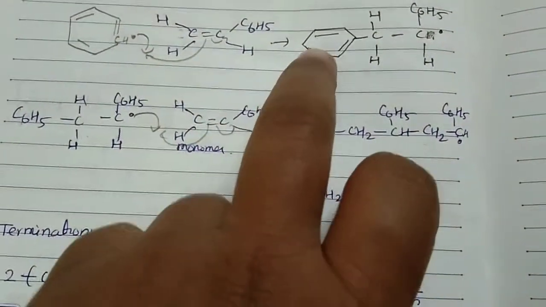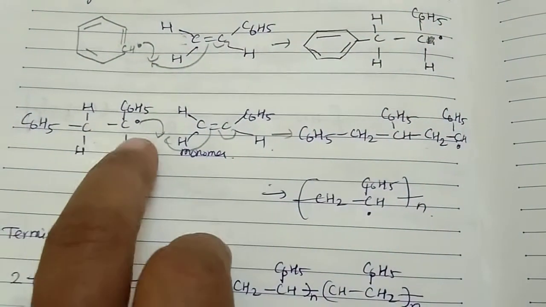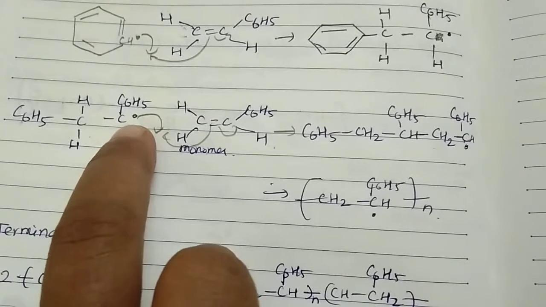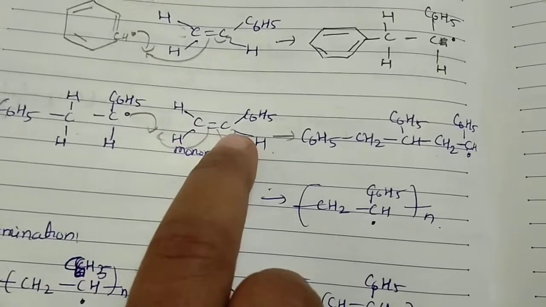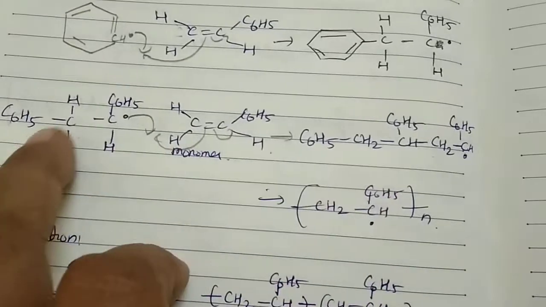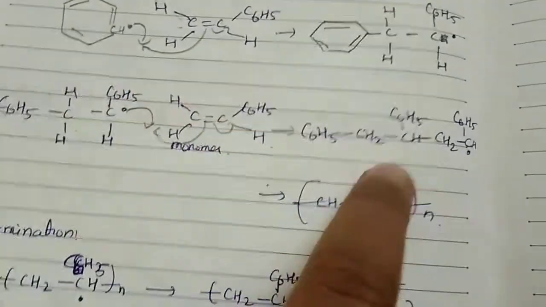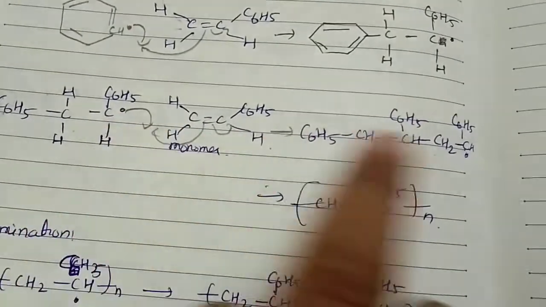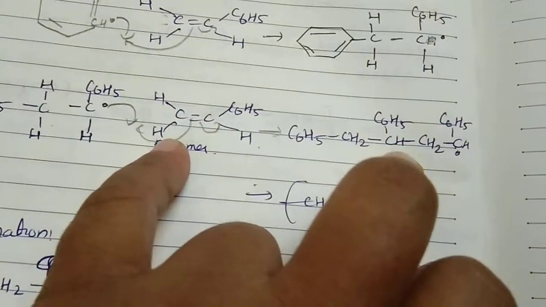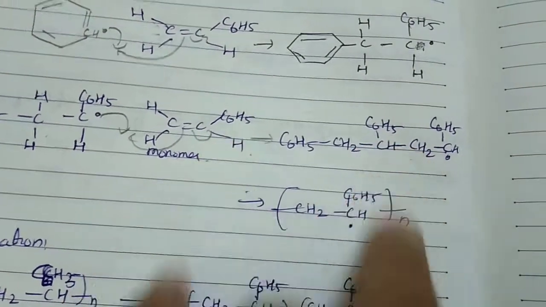Another radical moves here, one of the electrons moves here, another moves here. Then we get a structure like this: C6H5, CH2, CH(C6H5), CH2, CH dot, C6H5.